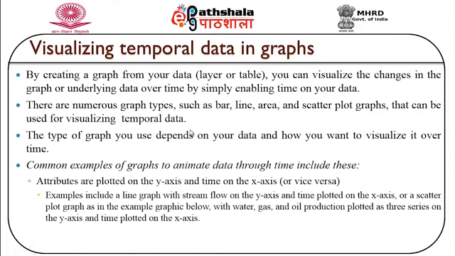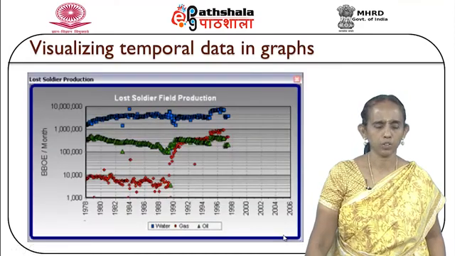The type of graph that we use depends on the data and how you want to visualize it over time. Common examples of graphs to animate data through time include some of these. Attributes are plotted on the y-axis and time on the x-axis or vice versa. Some examples include a line graph with stream flow on the y-axis and the time plotted on the x-axis, or a scatter plot graph as in the example graph below with water, gas and oil production plotted as 3 series on the y-axis and the time plotted on the x-axis.